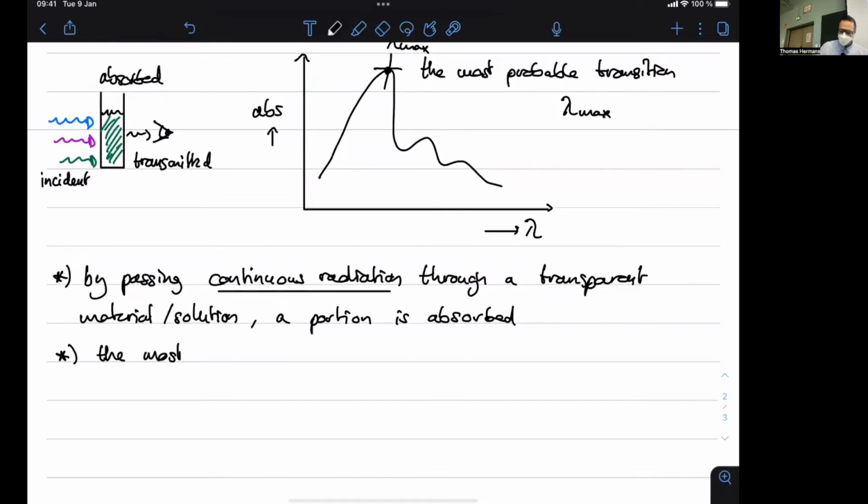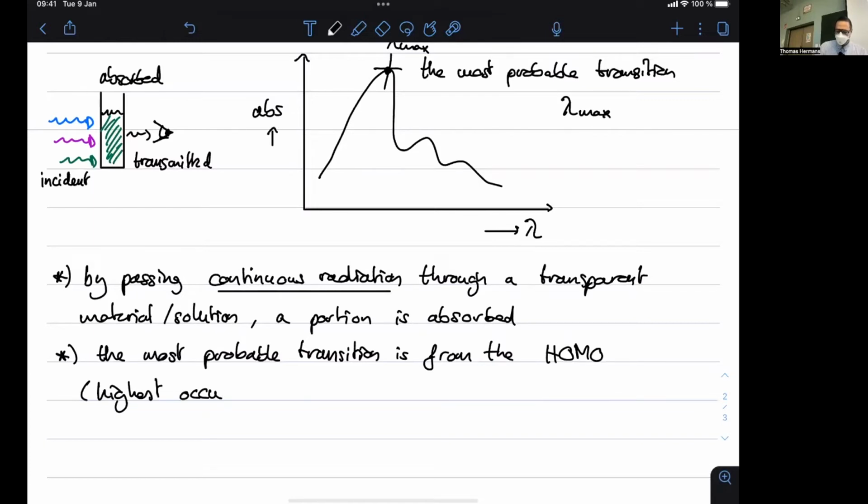The most probable transition is, what's the most probable transition optically in a molecule? Anyone has an idea? No? Okay, we'll get to that. Is from the HOMO, which is the highest occupied molecular orbital, right?